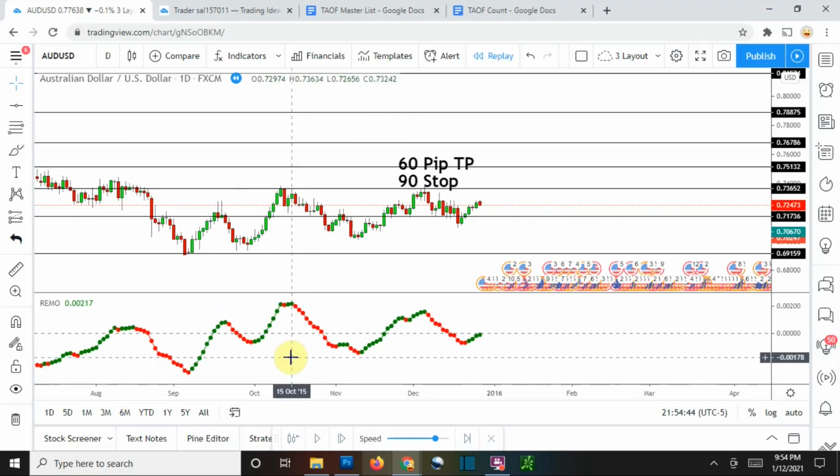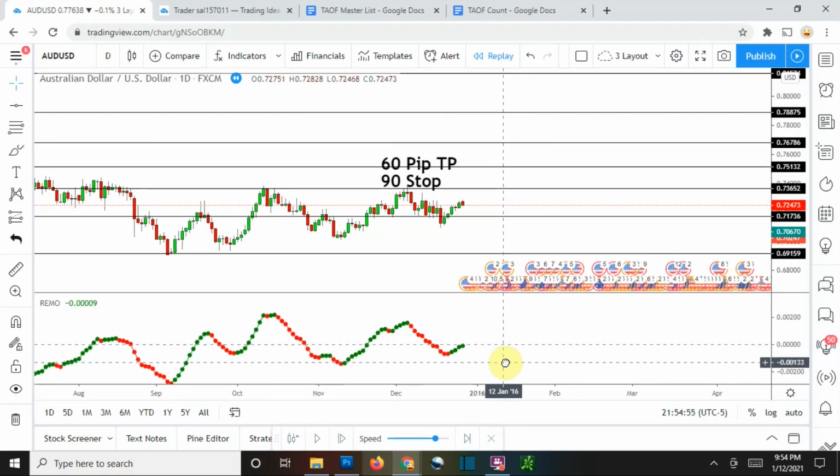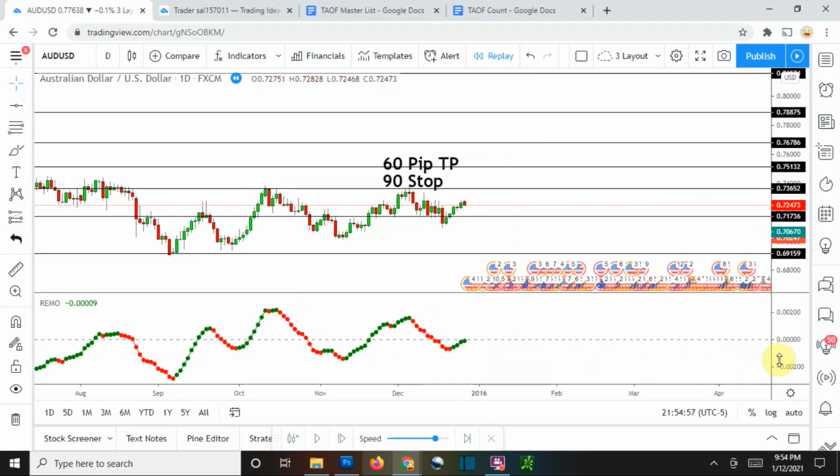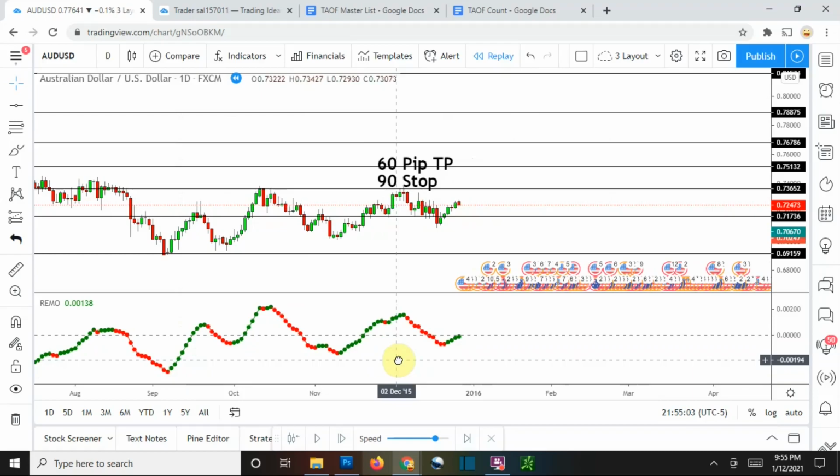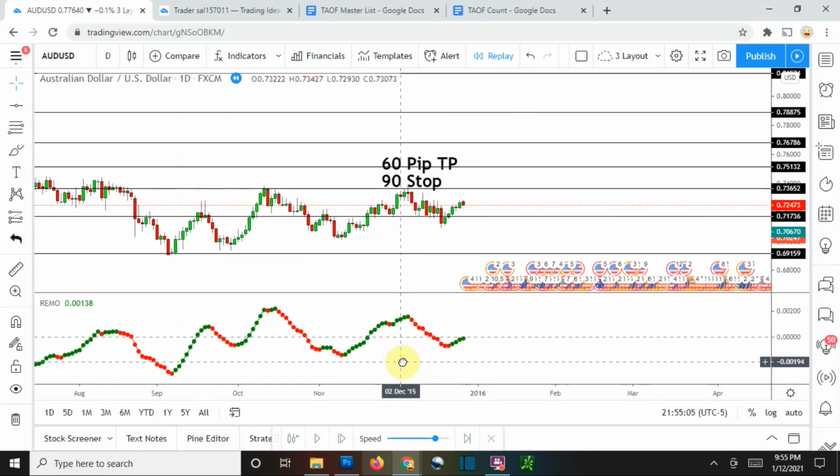There are some indicators that are set up to be traded in that fashion, but the vast majority of them, in my opinion, are not intended to be used that way. And so this is one of those indicators where I don't feel that is the best way to utilize it.